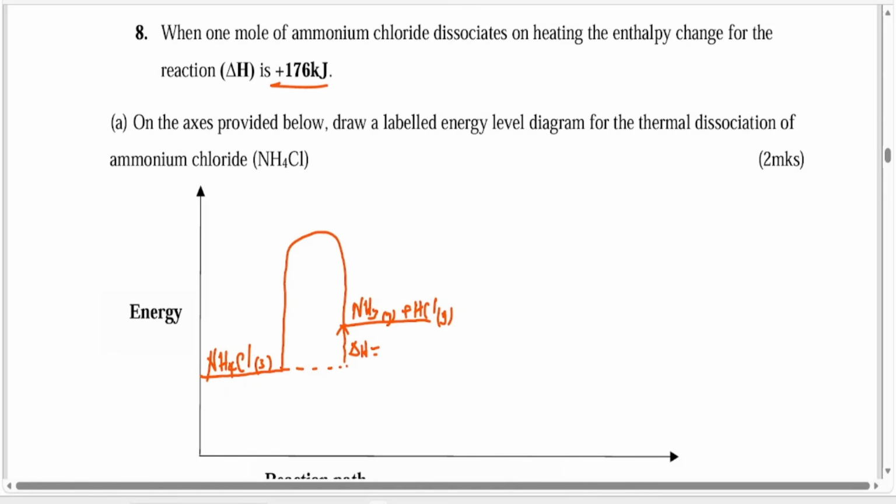This is where the enthalpy change is, which is the change from the energy that had been absorbed to form the products. It is positive 176 kilojoules. Then we have this energy that has been used here, and this energy can make it dotted.